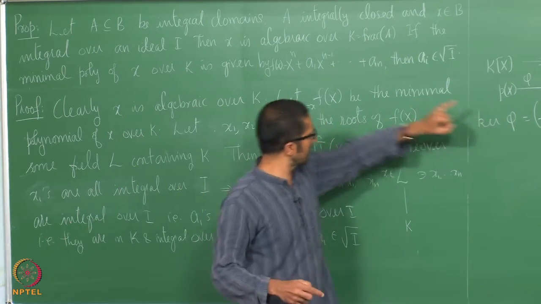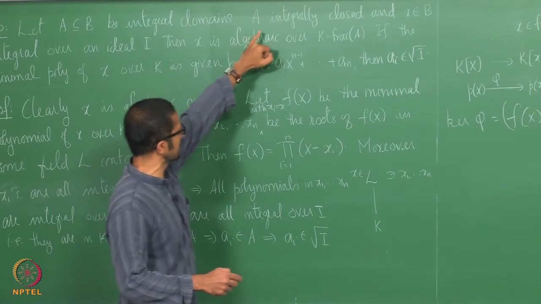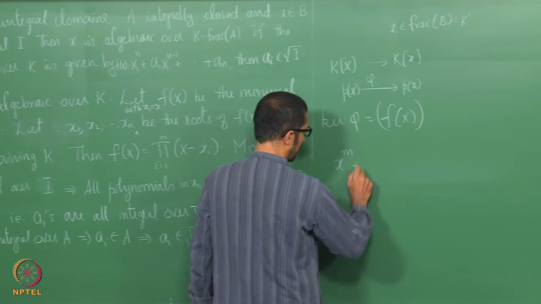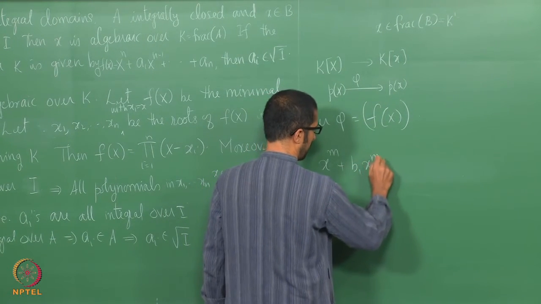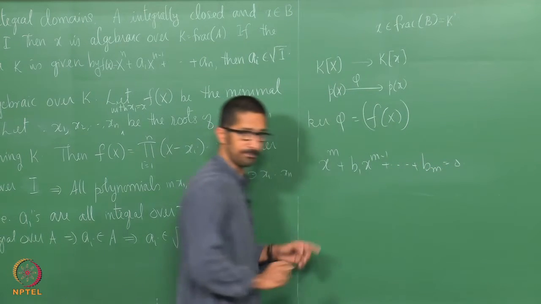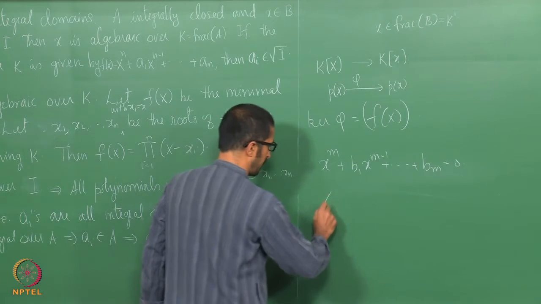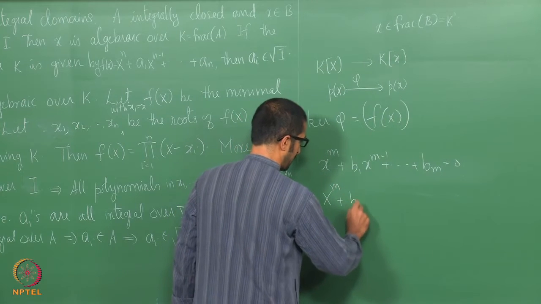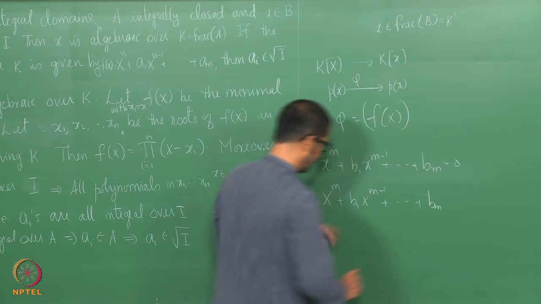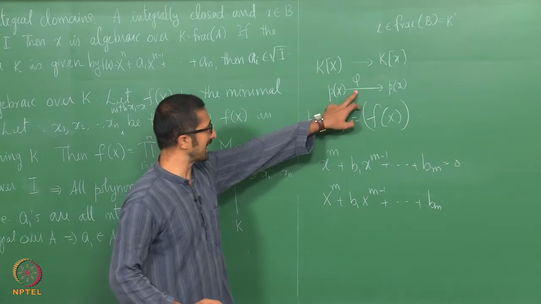So, if the integral equation is given by x power m plus b1 x power m minus 1 plus etc plus bm equal to 0, then this polynomial will be there in this kernel.